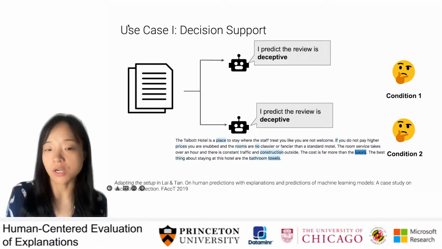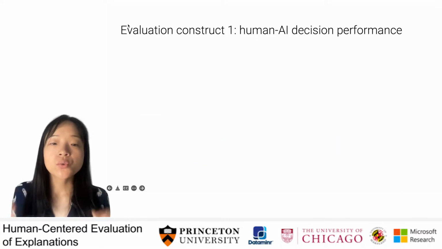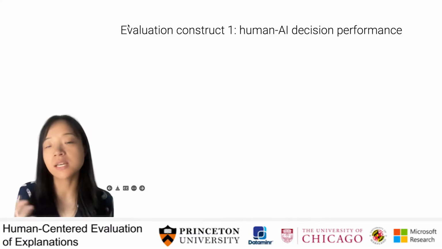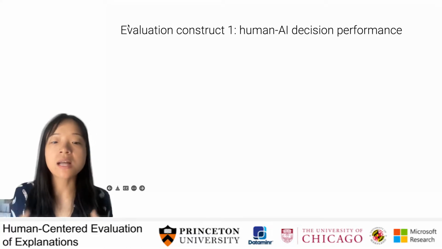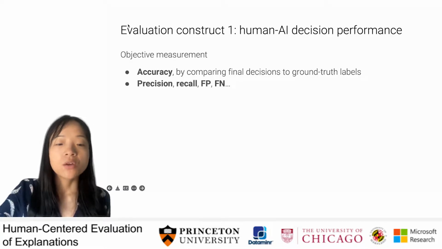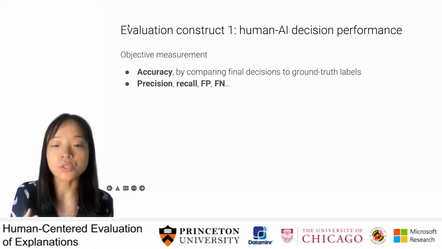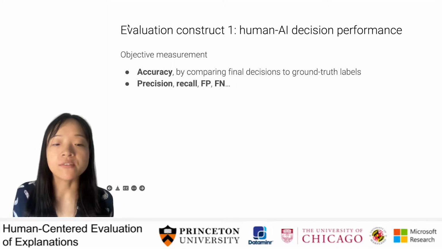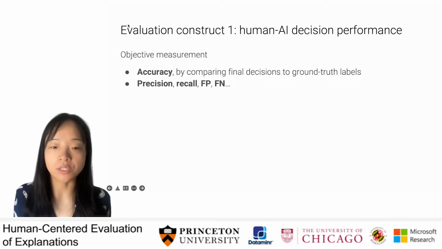Now, what construct would you be comparing on? We should always start with the use case specific outcome. In the case of decision support, it is the outcome of the decision of the human-AI team, the decision performance. Recall that Allison discussed the use of objective and subjective measurement. It is important to have objective measurements of task outcome.